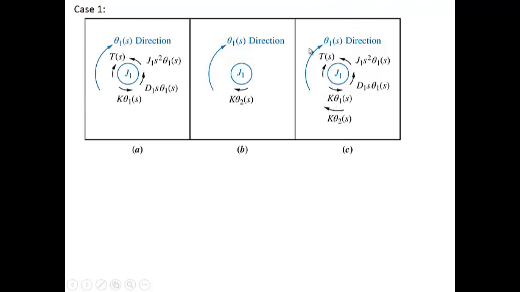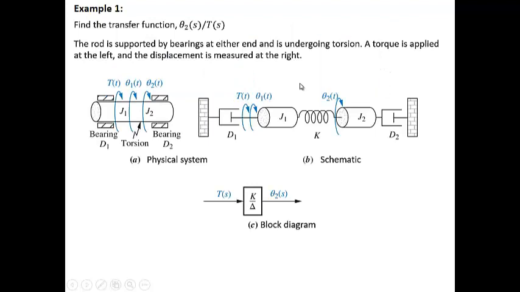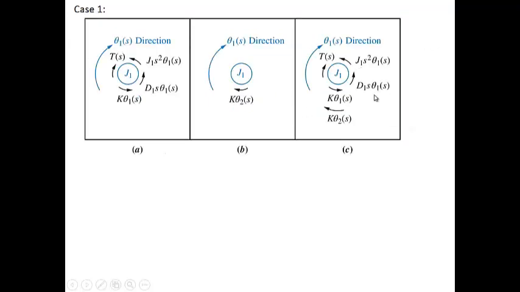You have your Ts, which is your torque, and this is your J1 s squared theta 1, which represents your mass, and then this is your damper, and then this is your spring, and this is your K theta 2, which is fixed for this case. Okay, this is your first case.